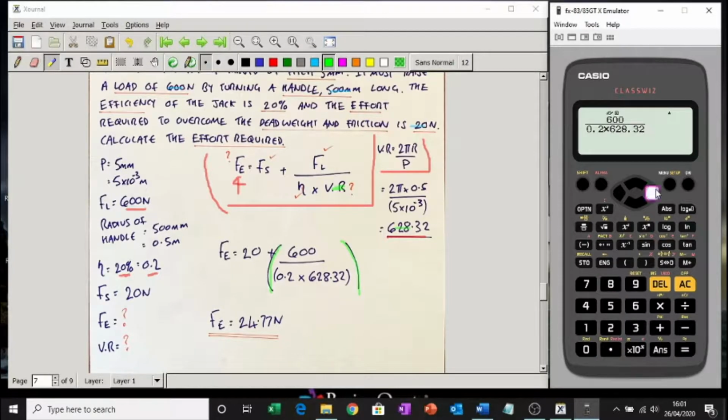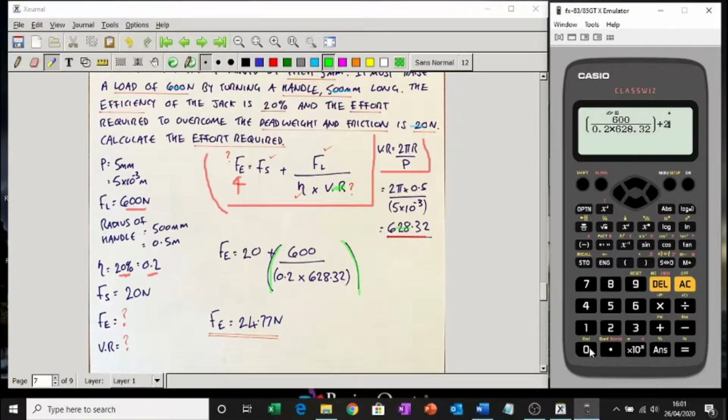Put a bracket around all of that, because it needs a bracket around all of this. There's all of that. You can do it quickly if you want to.